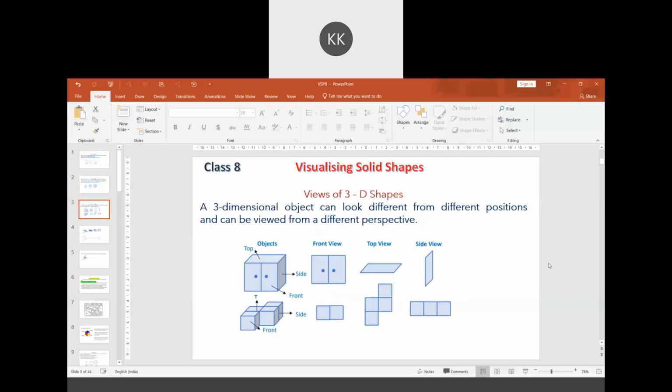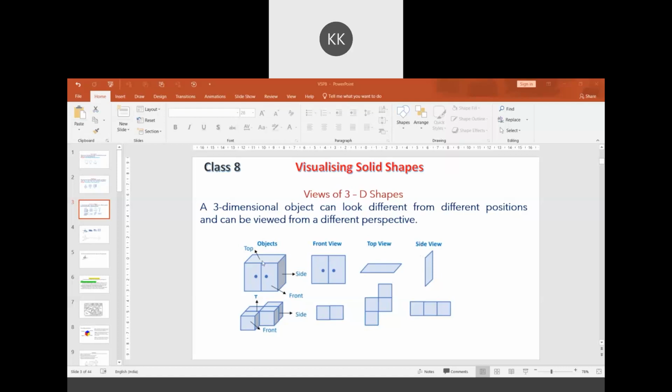Here there is a view of a 3D shape. A three-dimensional object can look different from different positions, and we can view these from different perspectives. Front view, top view, side view will be different in different figures.